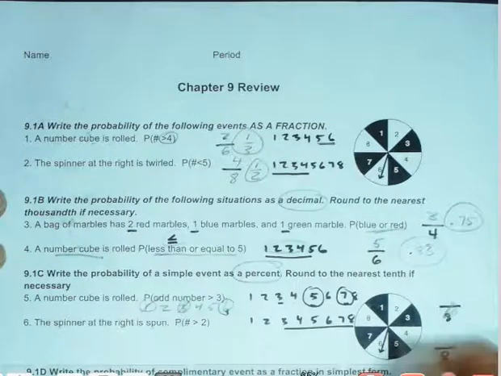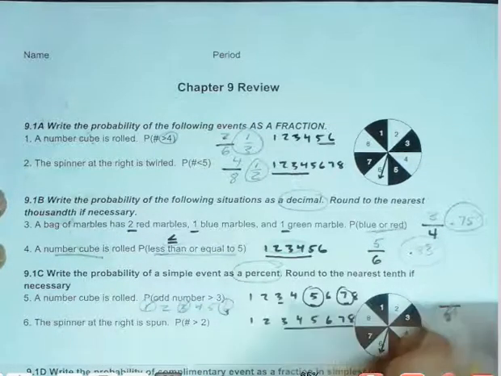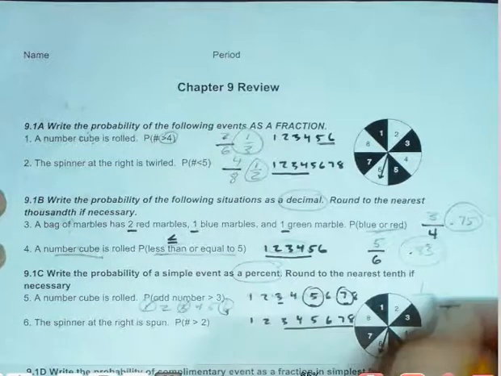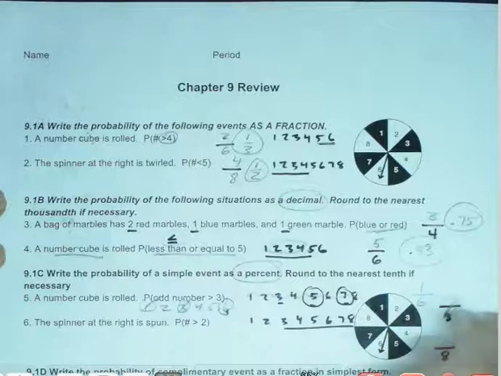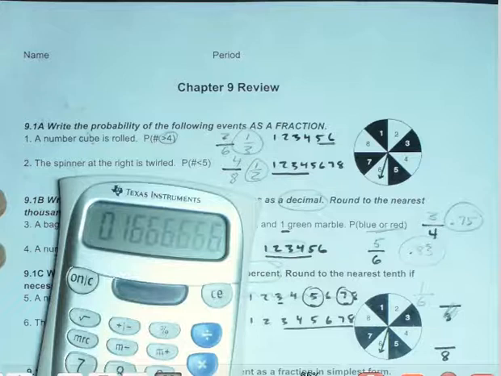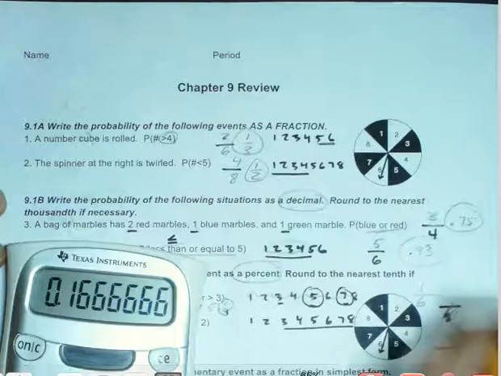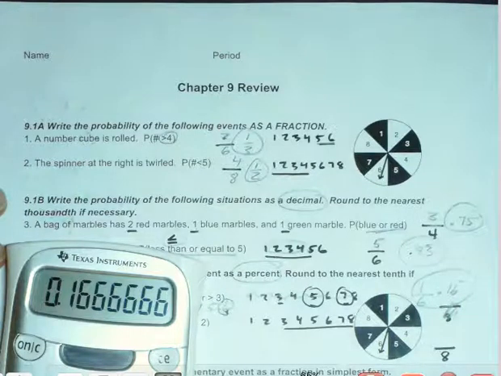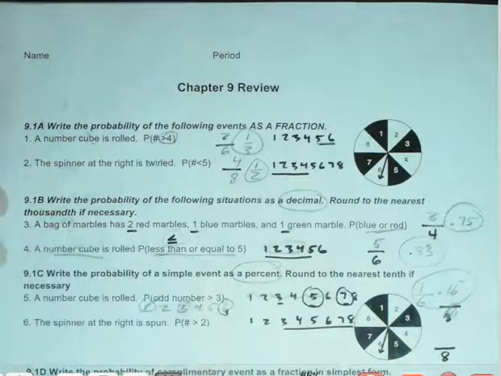I was doing both questions with the spinner there. That's what my mistake was. So we have a total of 1 chance out of 6. And if I go ahead and convert that to a decimal, 1 divided by 6, we've got 0.16 repeating. 0.16 repeating is 1/6. All right, let me slide this up a little bit.